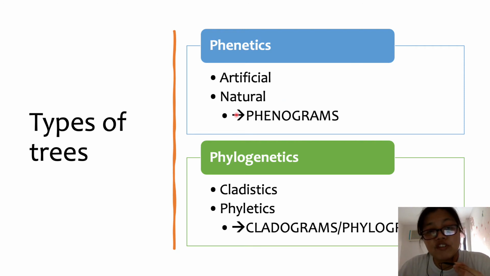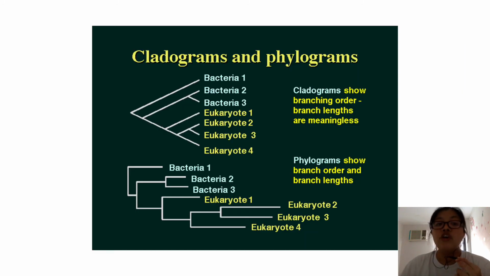And the natural phenograms are derived from a large number of characters and character states. For phylogenetics, we have 2 types of tree. We have the cladograms and the phylograms, which have two branches: the cladistic and the phyletic. The cladograms and the phylograms are almost similar in their appearance.